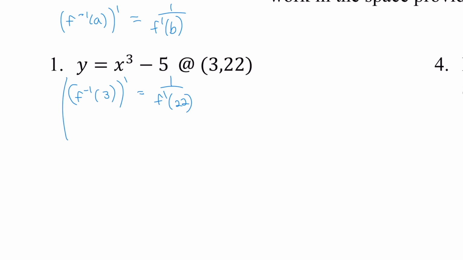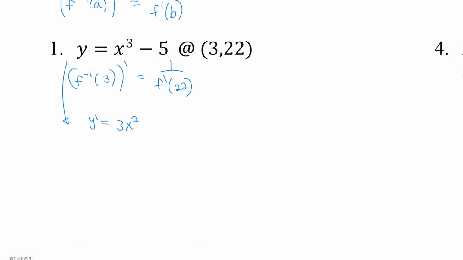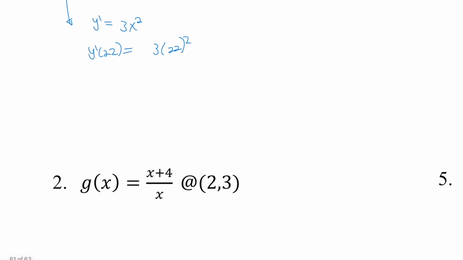So we'll find f prime. y prime equals 3x squared, and then y prime of 22 equals 3 times 22 to the power of 2. So our answer is going to be 1 over 3 times 22 to the power of 2. Okay, moving on to the next one.